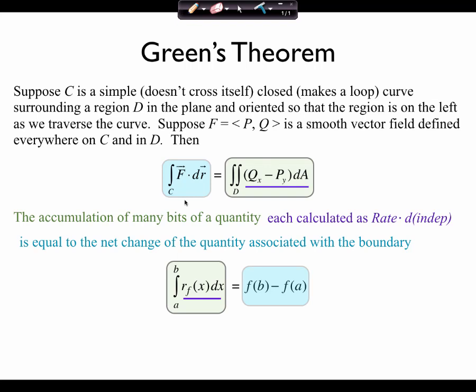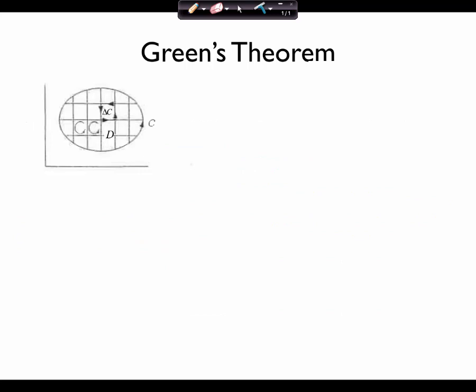All right. Okay, so here's just an overview of the proof of Green's theorem. Okay, so we've got two sides to this, right? We've got the circulation integral, that's the C, is equal to the double integral over the interior of this, qx minus py.